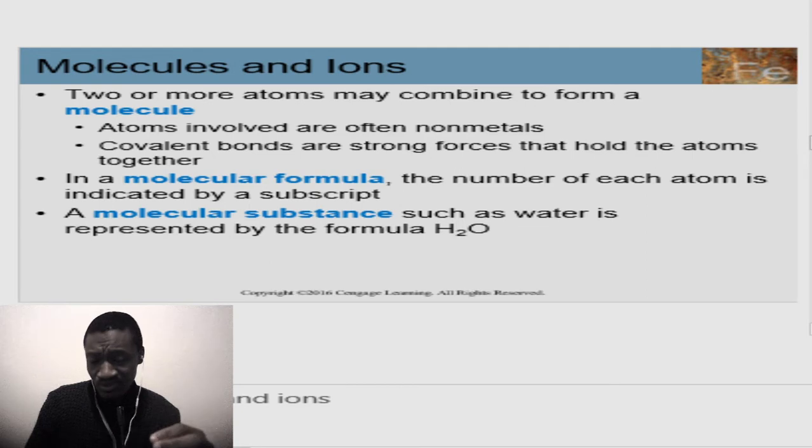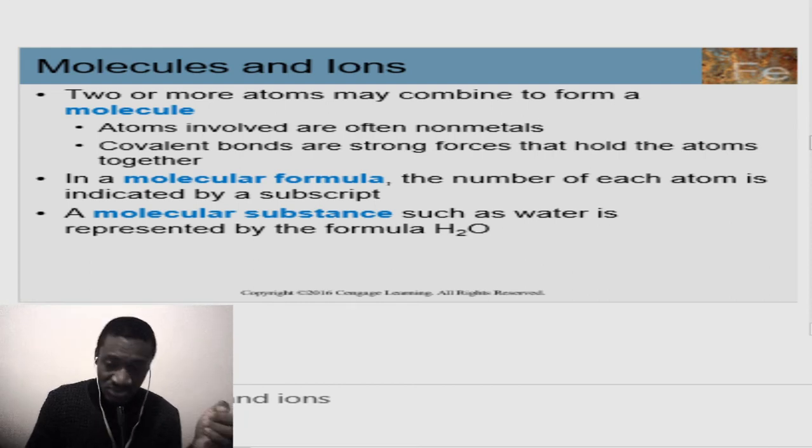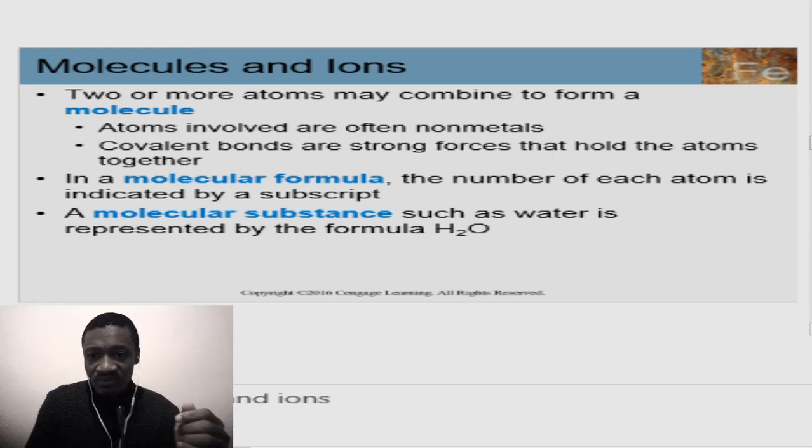And when non-metals combine, they combine to form covalent bonds, not ionic. Metals and non-metals, ionic bond, but covalent bond is non-metals. And then the force that holds them together too, there's a strong force that holds them together, and we're going to talk about that shortly.